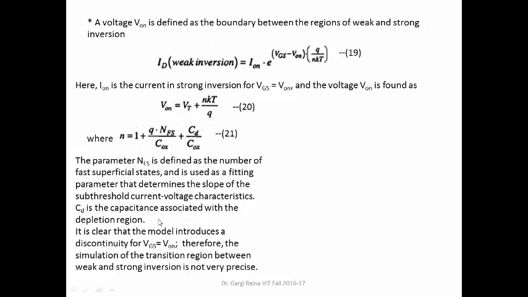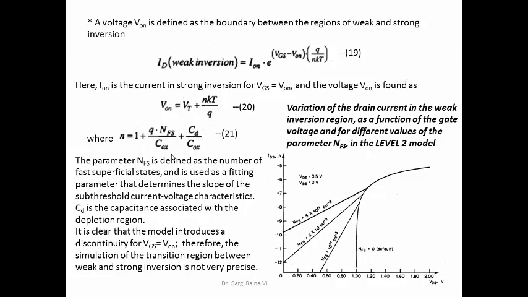From this we can see that the model introduces a discontinuity for VGS equal to Von. Therefore, the simulation of this transition region between the weak and the strong inversion is not very precise.